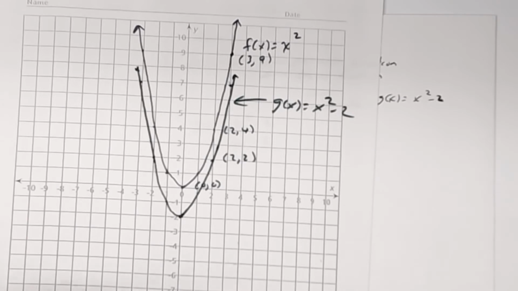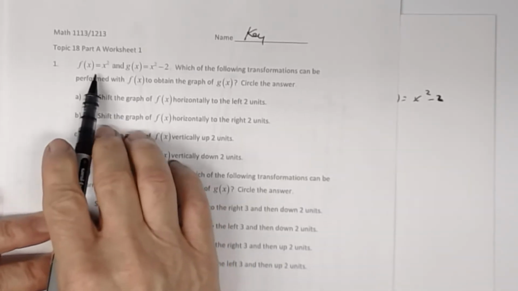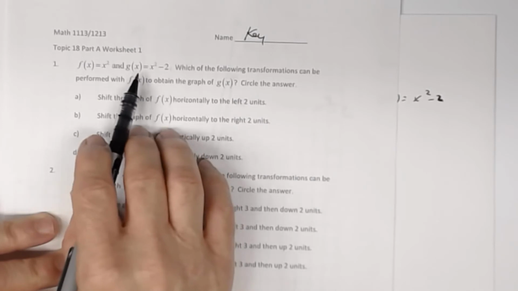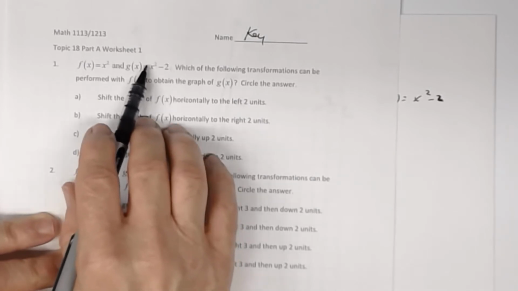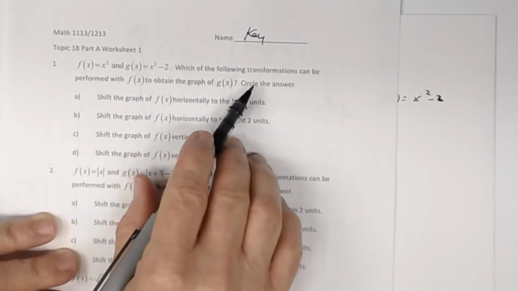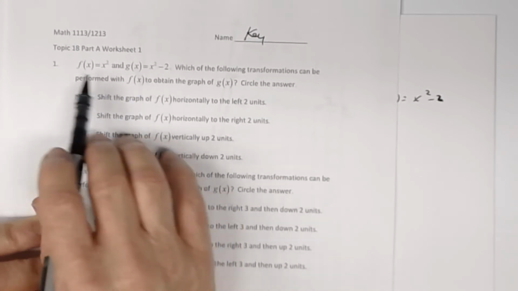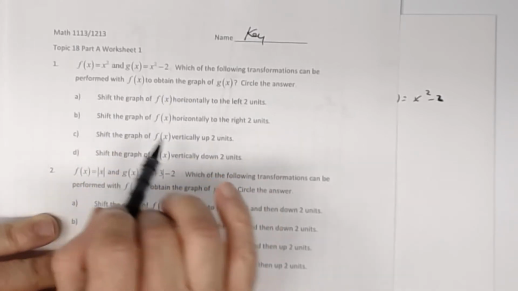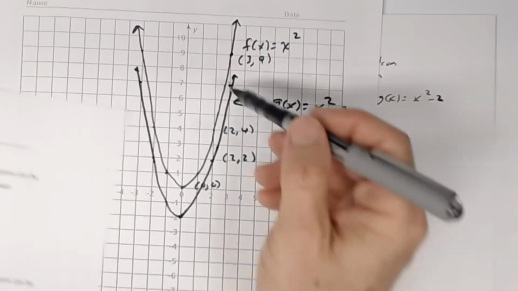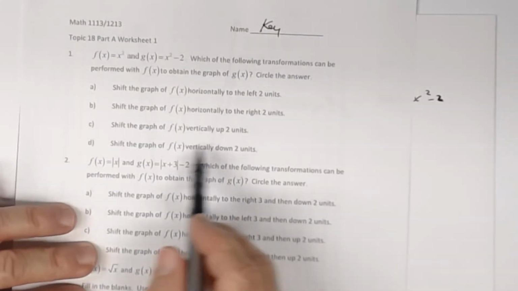So for number 1, where your parent function is x squared and you want g of x, which is your parent function subtract 2, which of the following transformations can be performed with your parent function to get g of x? Remember that's where we shifted it down, so it should be vertically down 2 units. So that's a D. So the answer is D for that one.